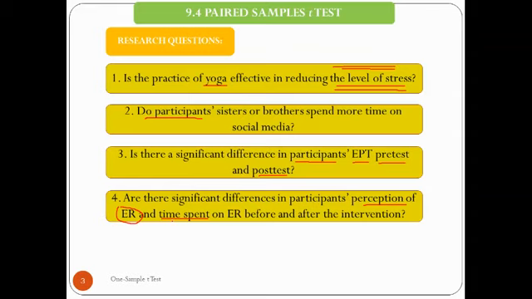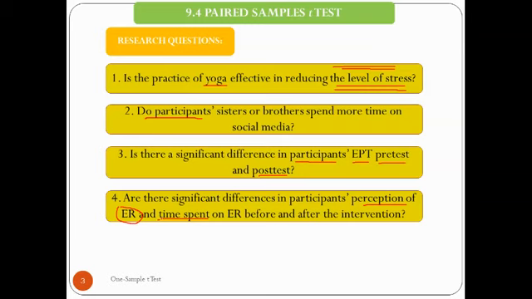That's kind of cool. So the researcher wants to see whether the perception of extensive reading before and after reading the novels has changed in a positive way, or whether the participants are going to report more time spent on extensive reading after having gone through the experiment, after having read the six novels.